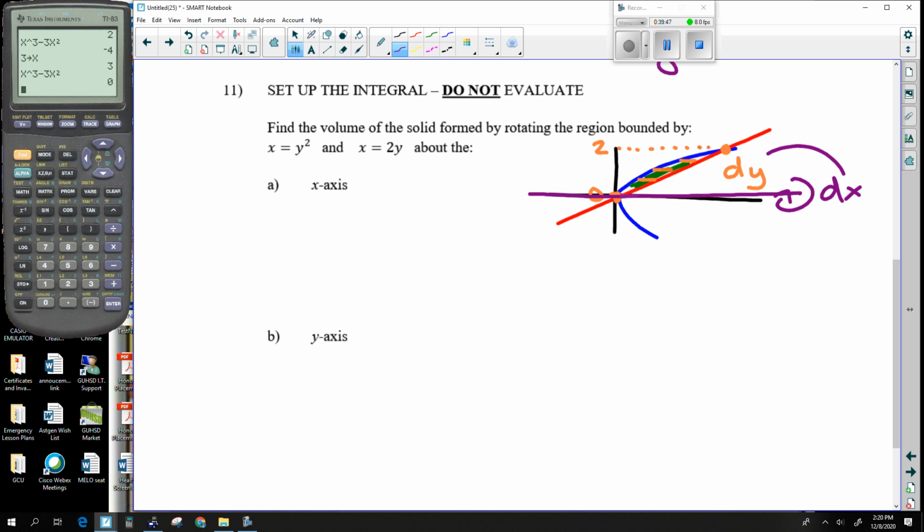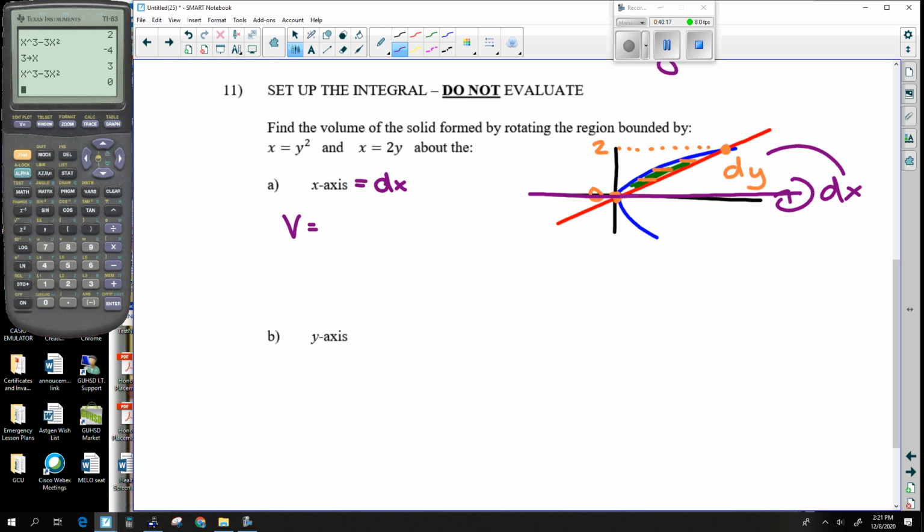These do not match up, so that means I need to do the 2 pi y f of y dy kind of method right there. Because they don't match, I need to do the shell method. All right, so this is a dx kind of method, but I need to integrate dy, so they don't match.